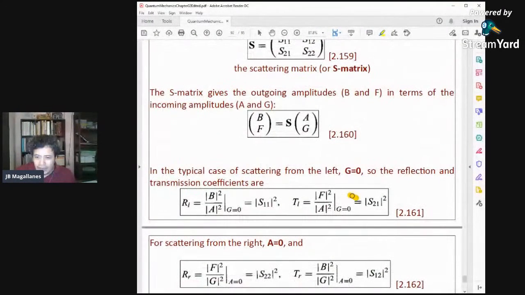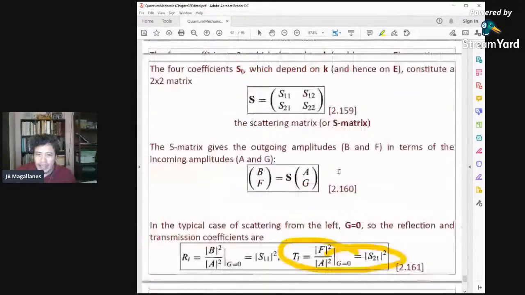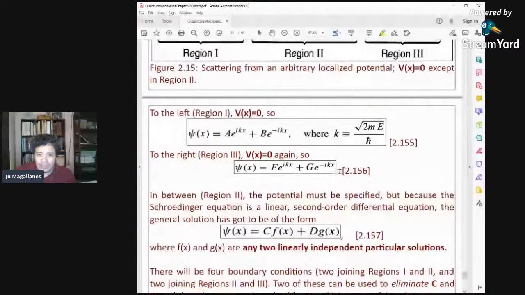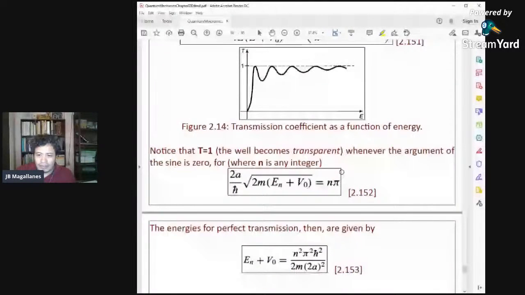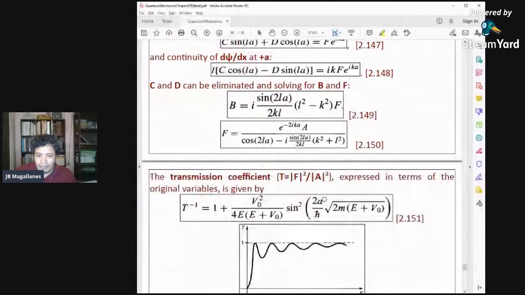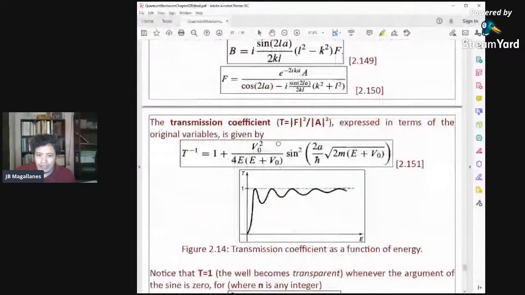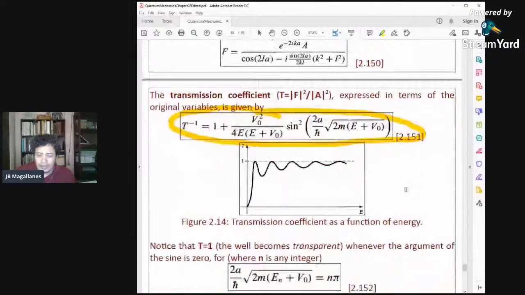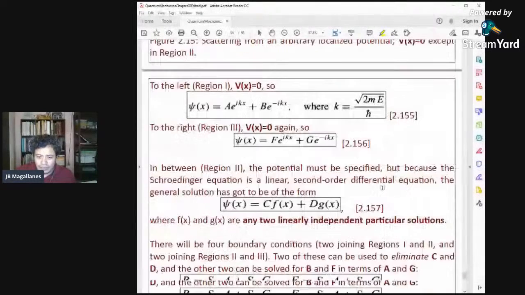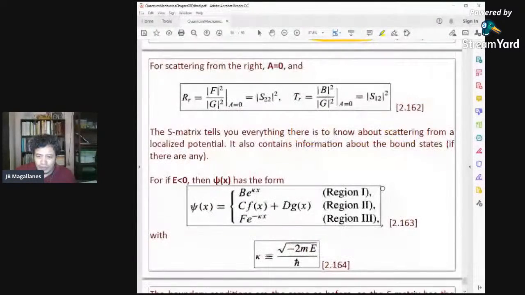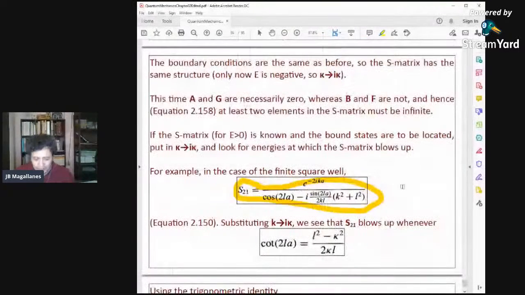F squared over A, and this is just this one. So if you transform it, you have an S21 which is equal to this.